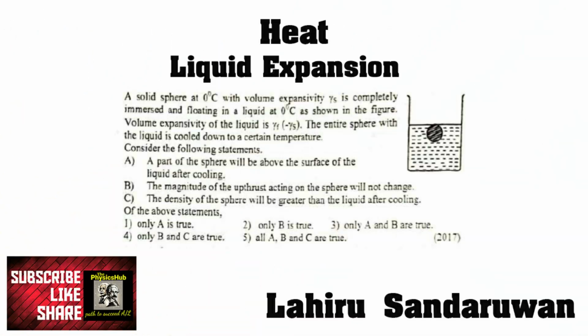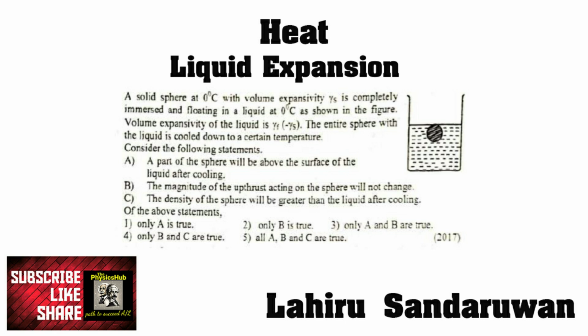A solid sphere at 0 degrees with volume expansivity gamma S is completely immersed and floating in a liquid at 0 degrees, as shown in the figure. Volume expansivity of the liquid is gamma L. The entire sphere with the liquid is cooled down to a certain temperature.